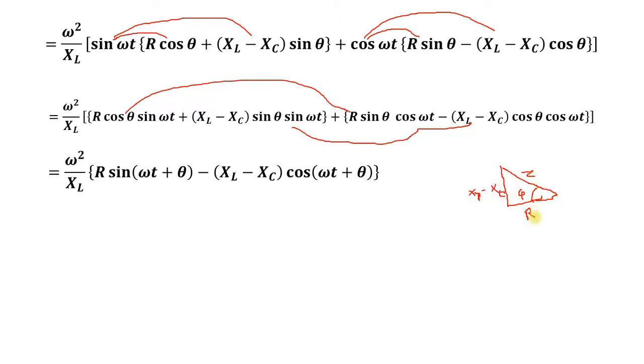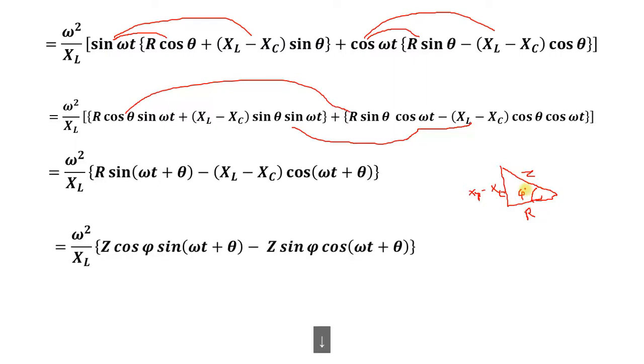So here r is replaced by z into cos phi, and similarly xl minus xc is replaced by z into sin phi. So I rearrange this equation, it looks like this. Here z is common, so I take z outside. It should look like this.